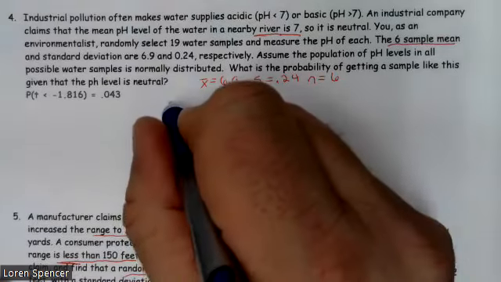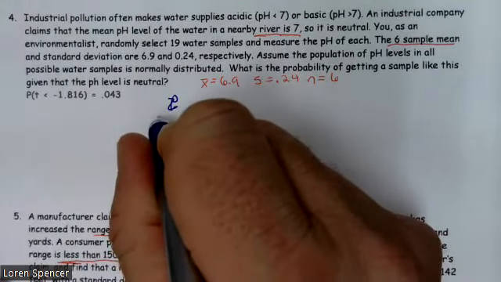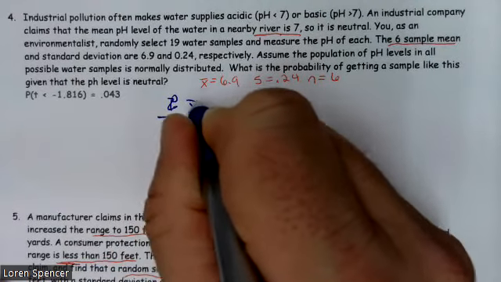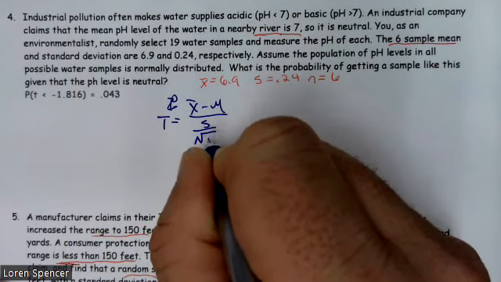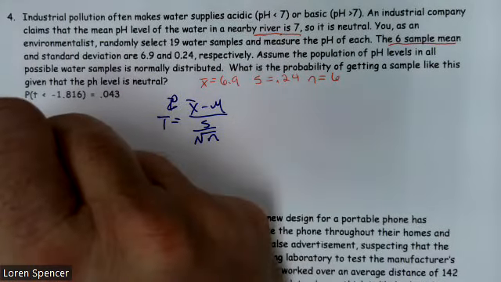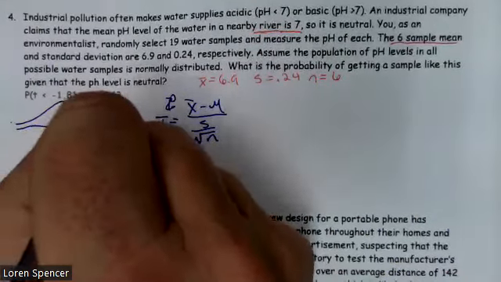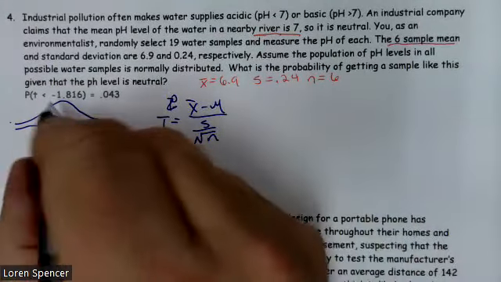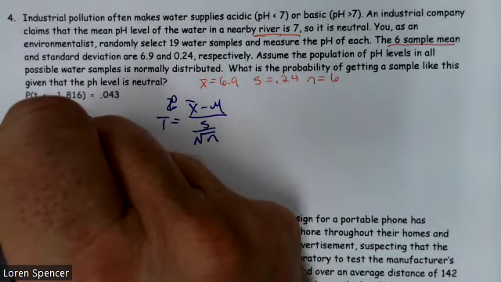So our formula is T equals X bar minus mu over the standard deviation of the sample divided by the square root of n. So we want to draw our picture first. And our picture says, hey, they're claiming it's 7, but we got a 6.9.